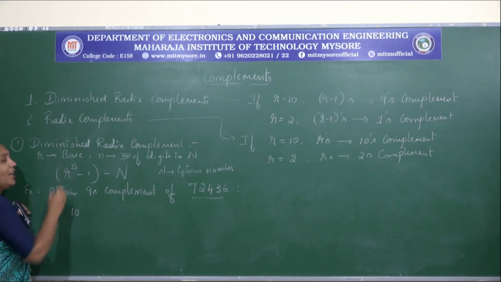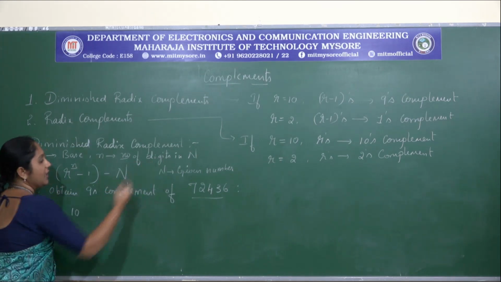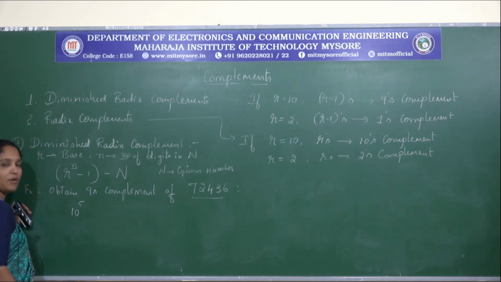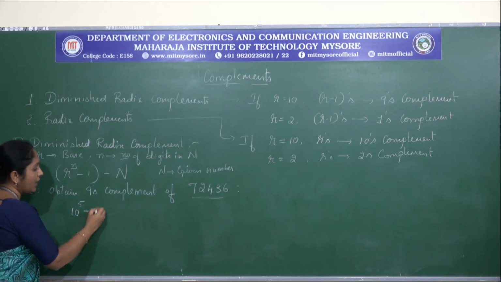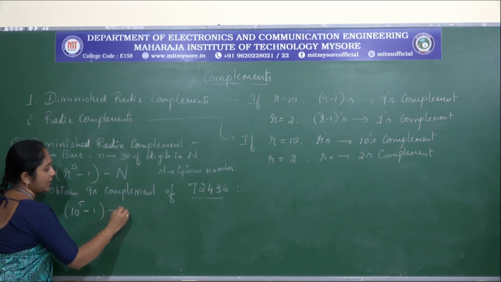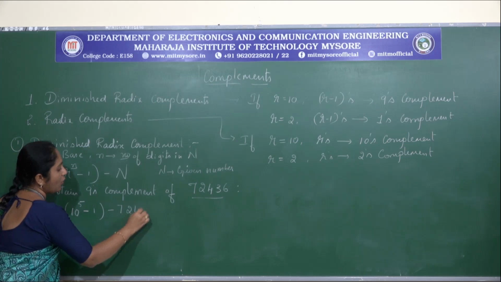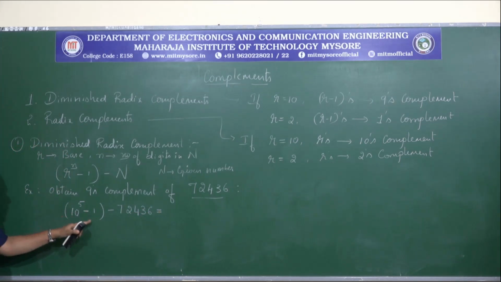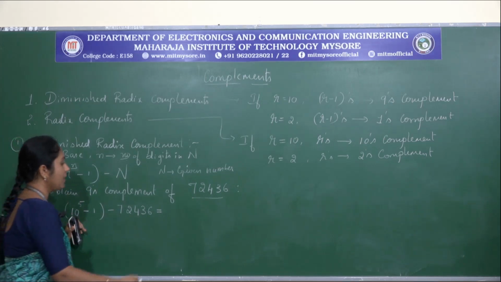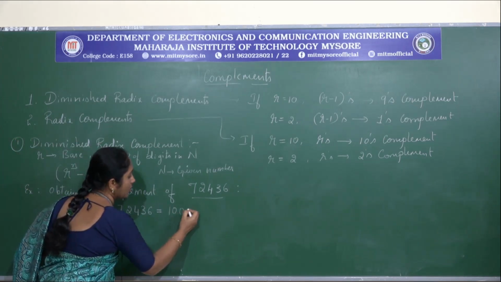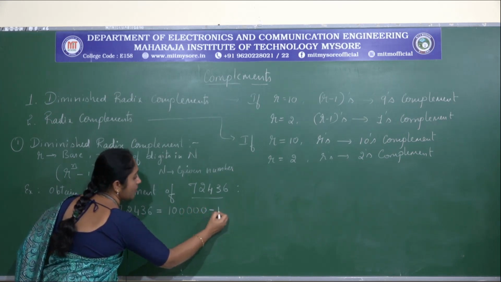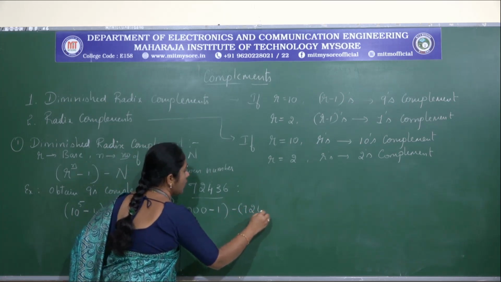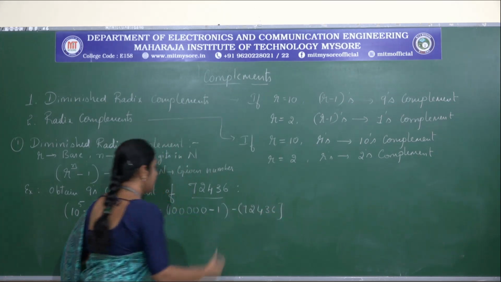Small n is the number of digits in the given number. There are 5 digits, so it is 10 to the power 5 minus 1, minus 72436. First we write 10 to the power 5, subtract 1, and then subtract 72436.